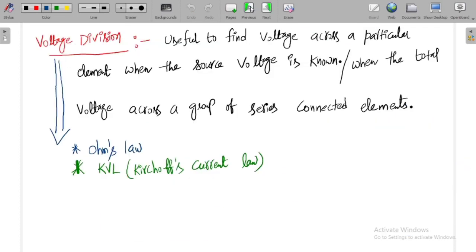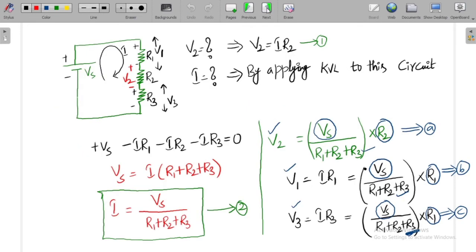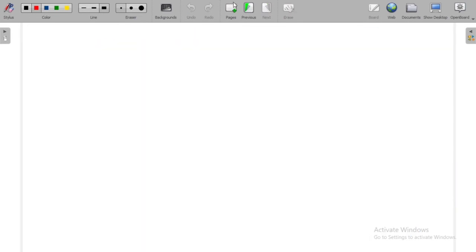Whatever the number of resistors connected in series, we can apply this generalized formula. This is the voltage division rule which helps us find the voltage across a particular element when the total voltage across a group of series connected elements is known to us. Here all the resistors or elements must be connected in series.